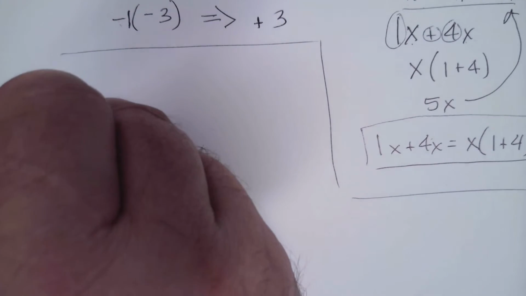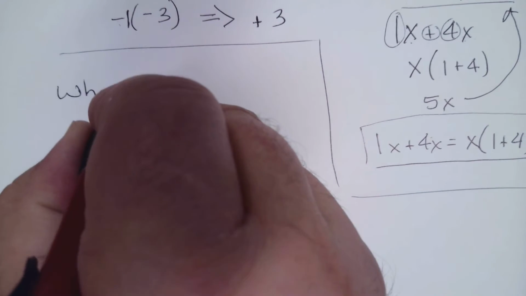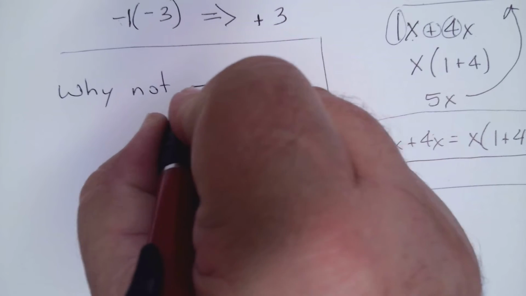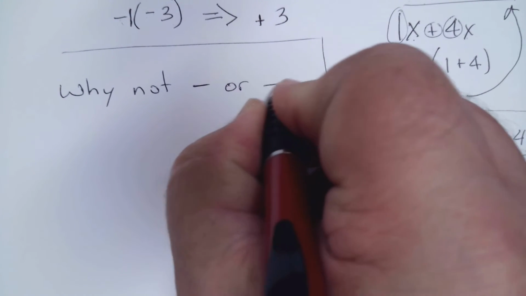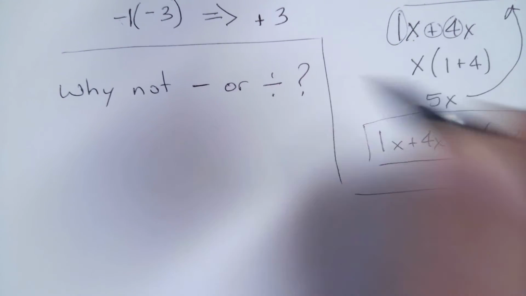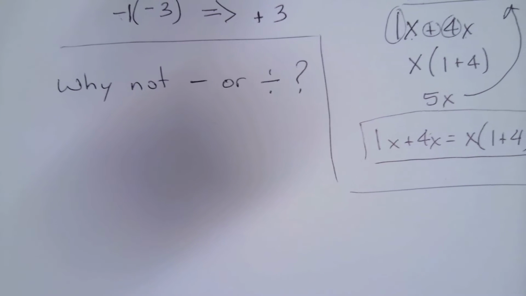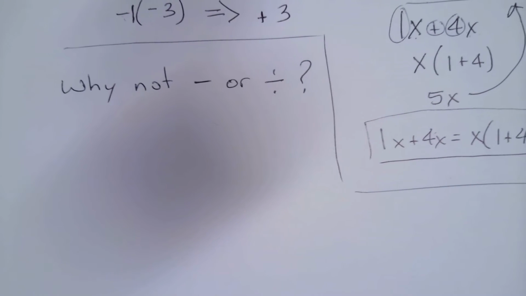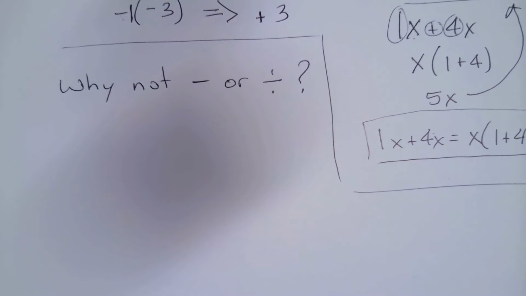Now, when we talk about the properties, why don't we use the negative in division? Let's see if it works.